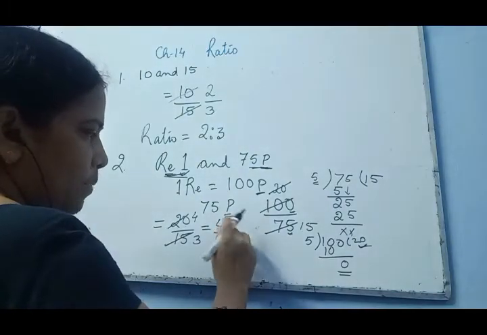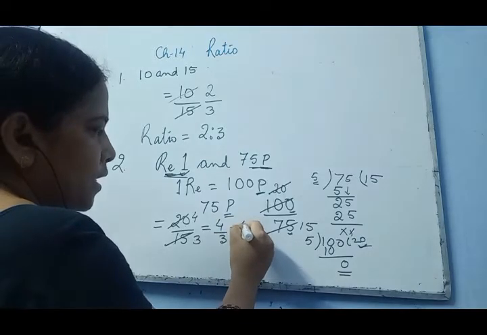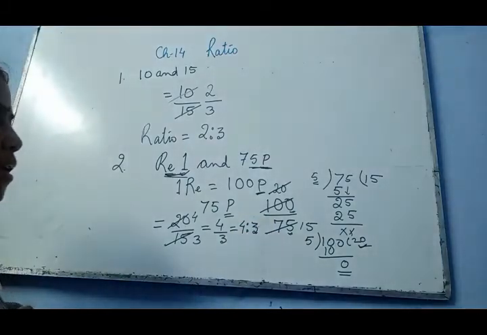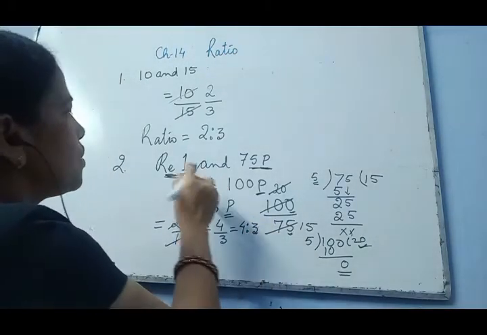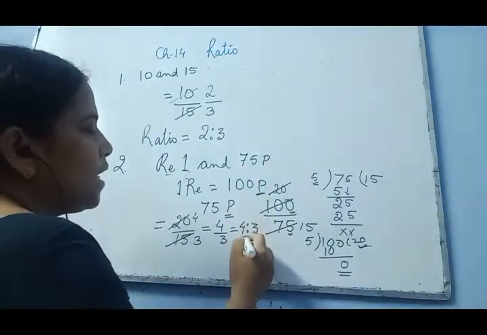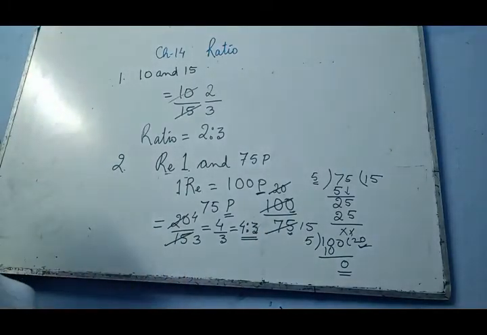Both cannot be cut by the same number. So what do you see? That the ratio comes to 4:3. So the ratio of rupee 1 and 75 paise is 4:3, okay.